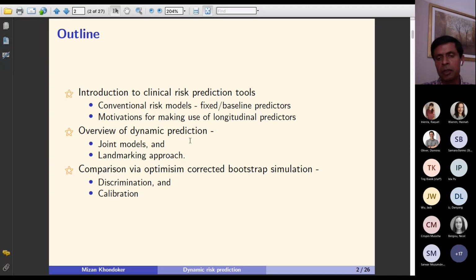I will then give an overview of two popular methods for dynamic prediction, namely joint models and landmark analysis. And finally, some simulation results comparing the prediction performance of the two methods in terms of discrimination and calibration. As you know, discrimination and calibration are the two popular criteria for comparing prediction models.